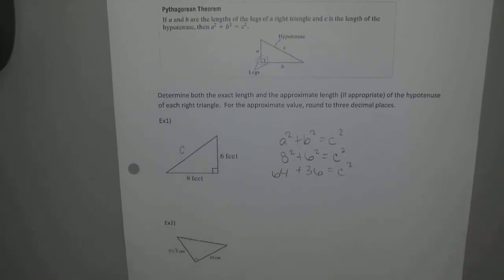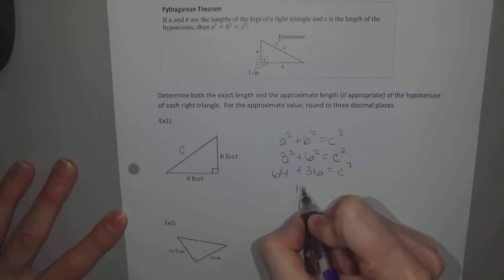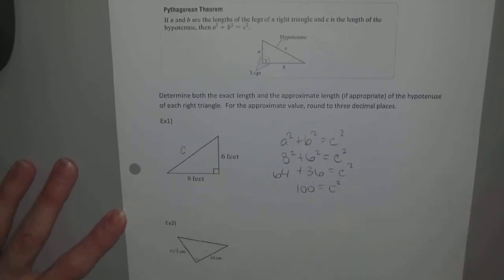C squared. We add the two sides, 64 plus 36, 100. And is that our answer? No, right? Because 100 is C squared. We don't care about C squared. We care about C. So yesterday we learned about how square roots are the inverse of squaring, right?